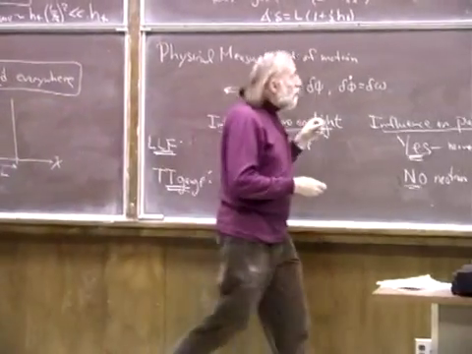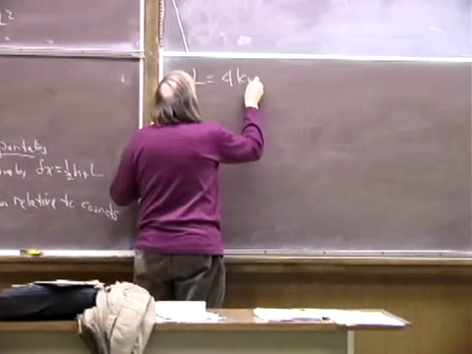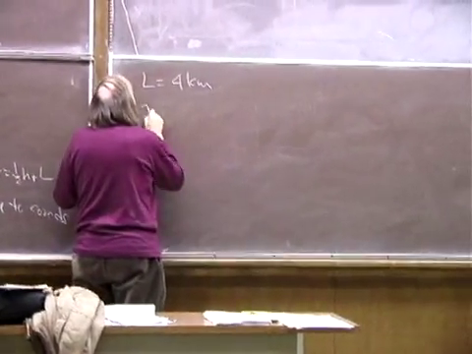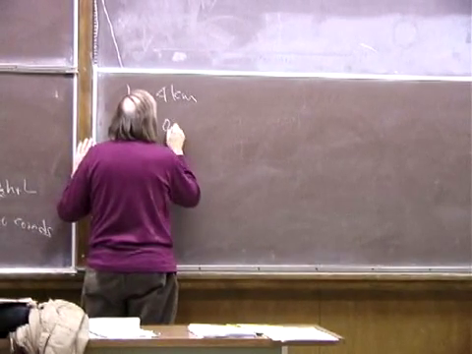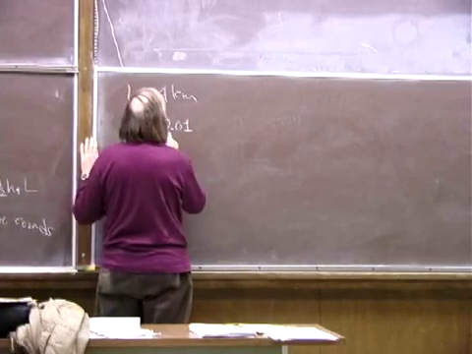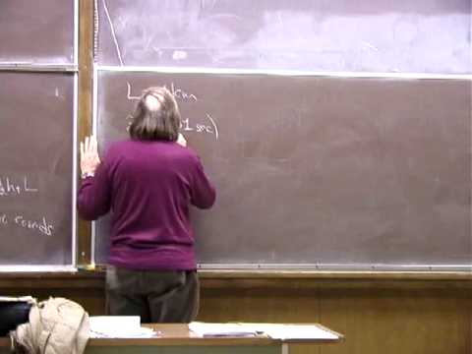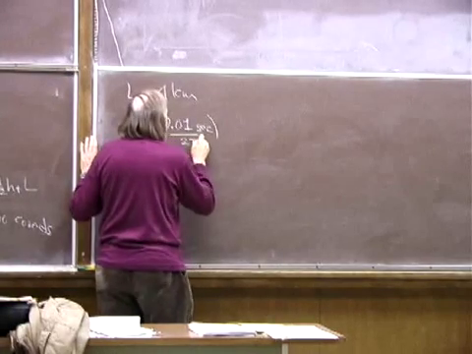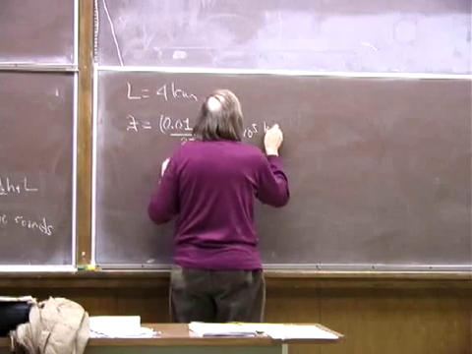For LIGO, we have arm lengths of 4 kilometers. We have reduced wavelengths given by a characteristic period of the gravitational wave, which is about 1/100th of a second, divided by 2 pi and multiplied by the speed of light, which is 3 times 10 to the 5th kilometers per second.